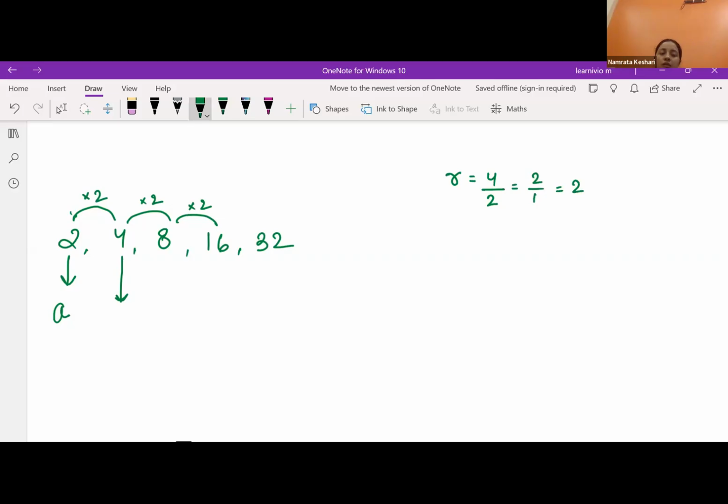So can you see the next term 4 can also be written as a multiplied with r? That will give you the second term.